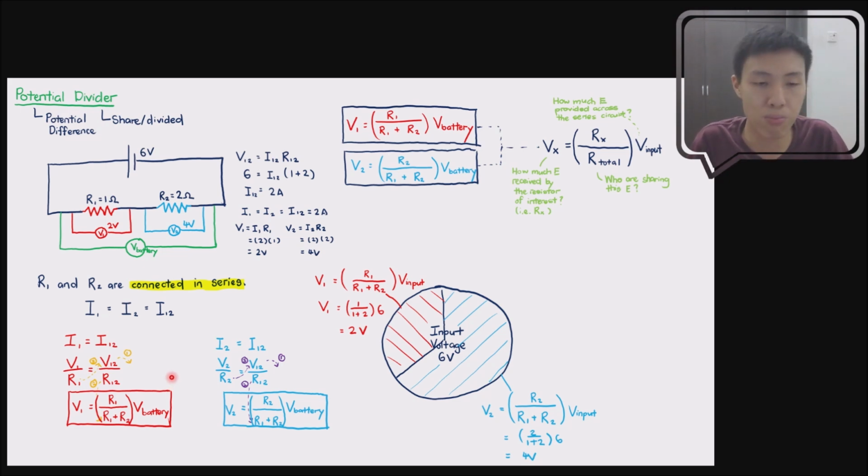No matter what, you have to manipulate your circuit, combine some of the resistors, and make it a full series circuit first, then only can you start to talk about potential divider. That means you cannot directly use it in certain situations. You have to adjust it to make it conducive to use the concept of potential divider by making it a complete series circuit in the first place.